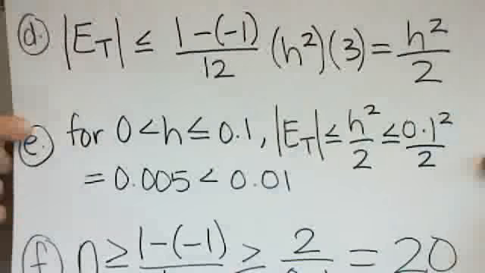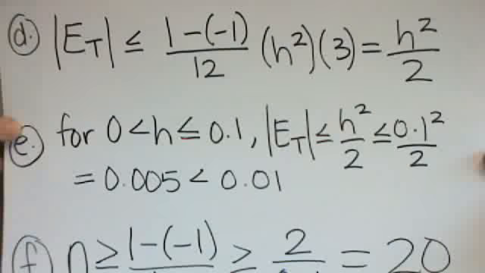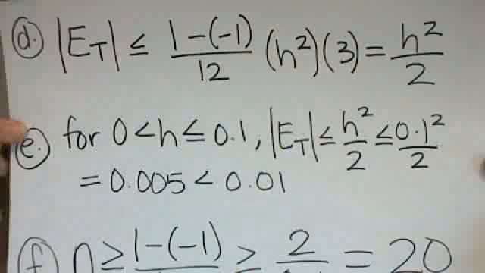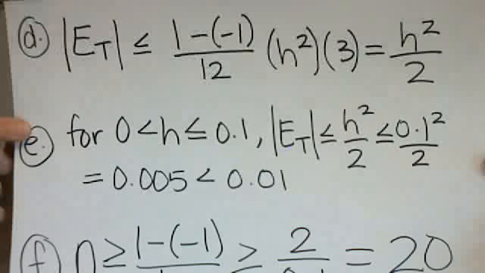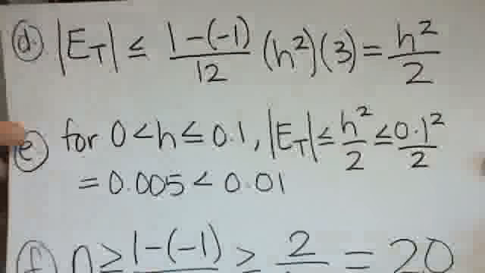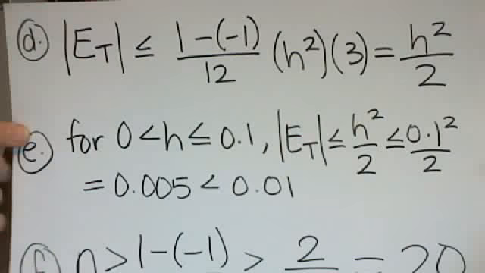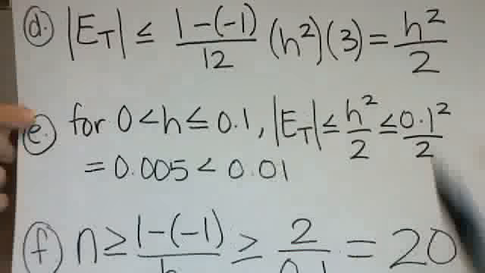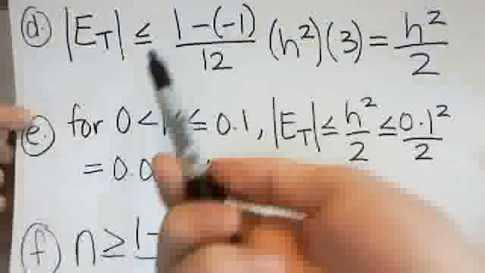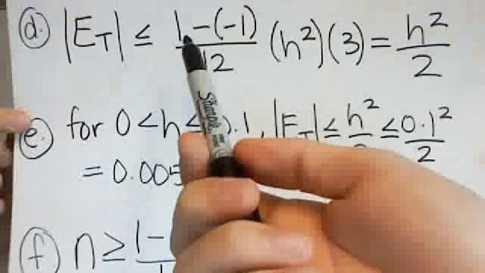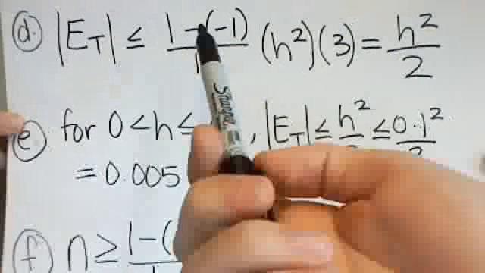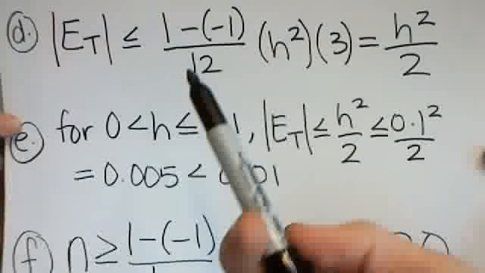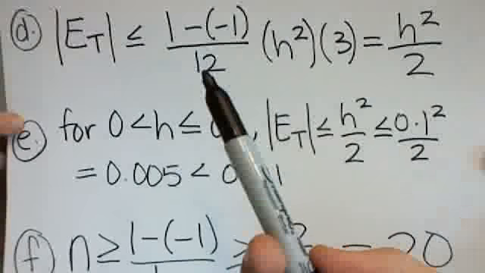Alright, for part D. Show that the error estimate for the trapezoidal rule in this case becomes ET is less than or equal to h squared over 2. So use the error bound equation, and for the trapezoidal rule, the absolute value of E of t is less than or equal to b minus a over 12 times h squared times the max of f double prime.